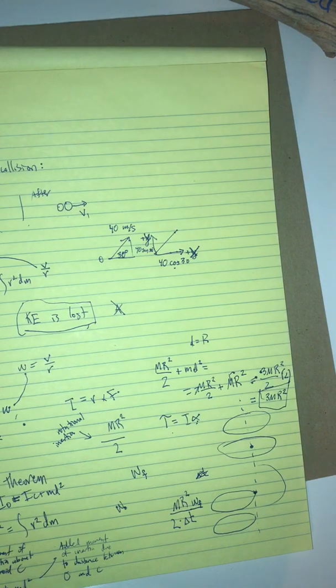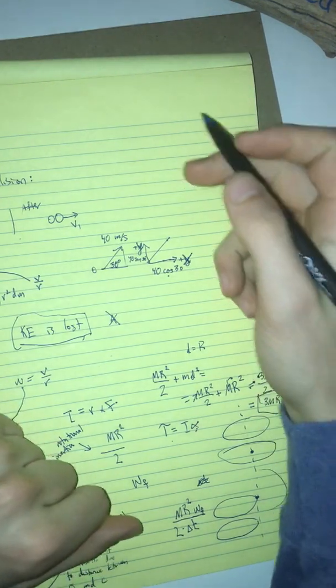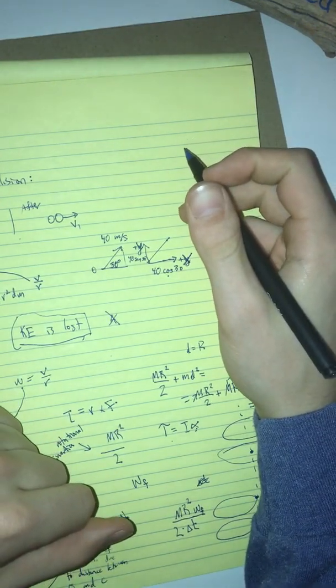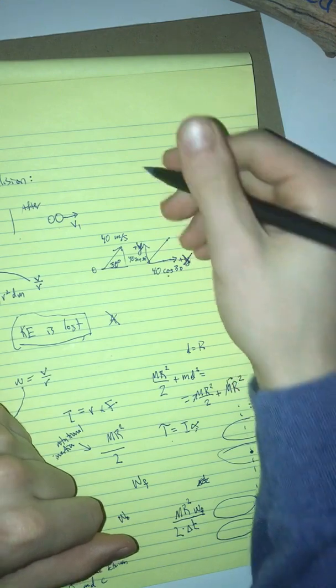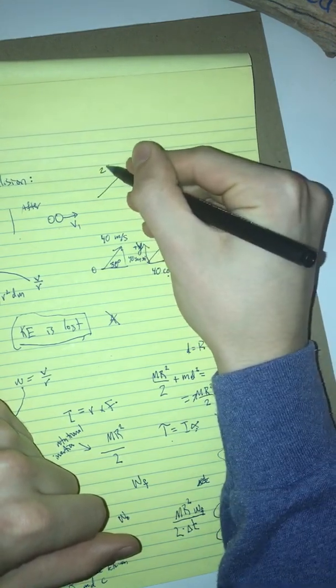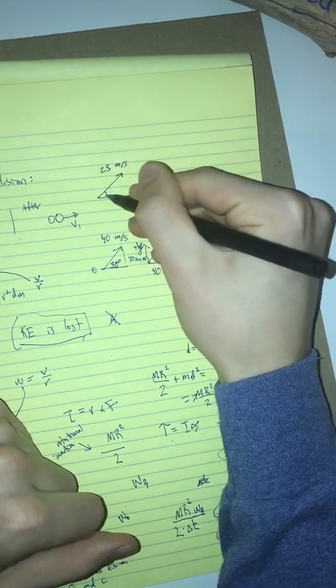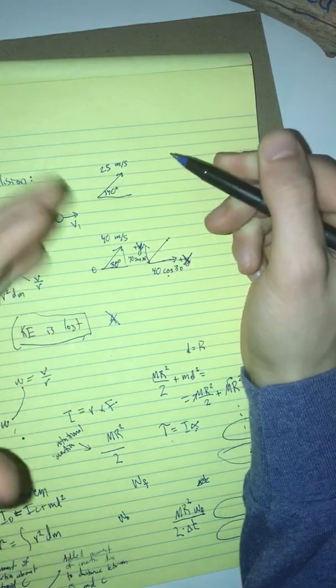So the information that we have for this problem is that the cannonball is shot at an initial velocity of 25 meters per second, at an angle of 40 degrees, okay?